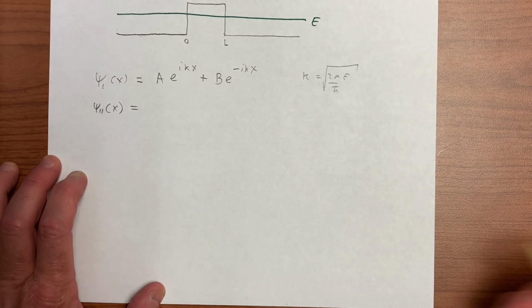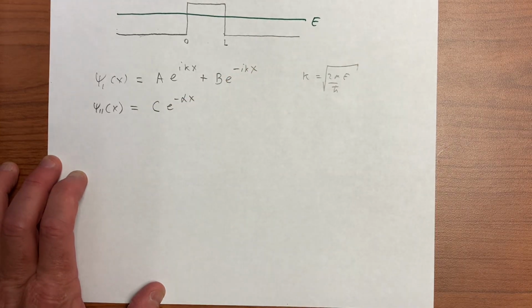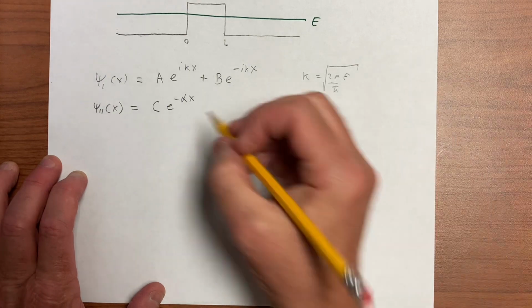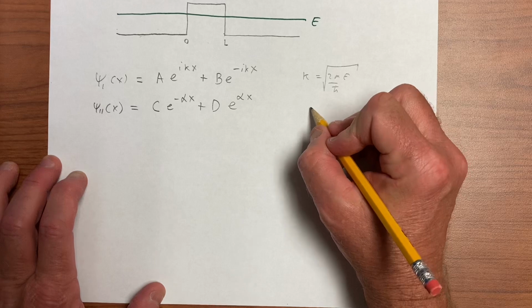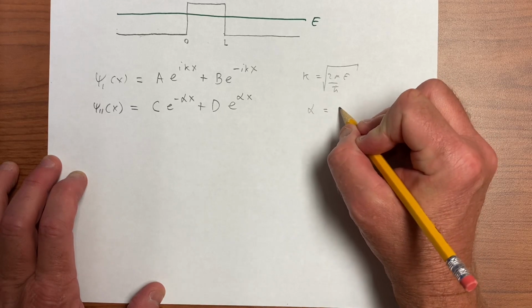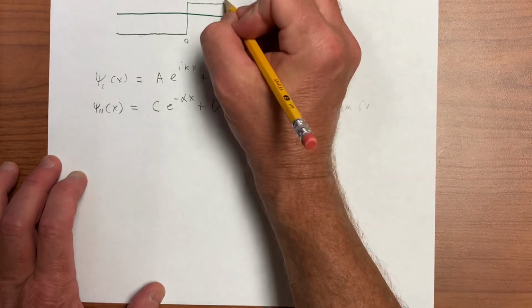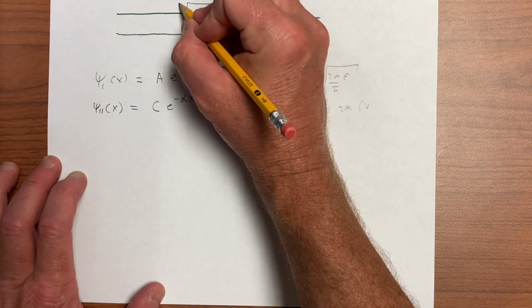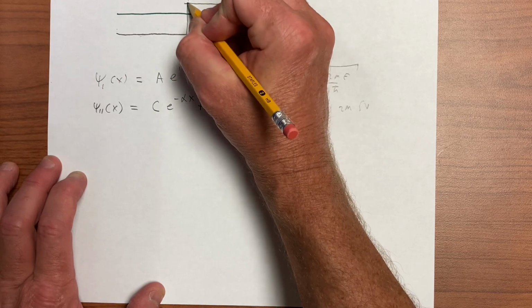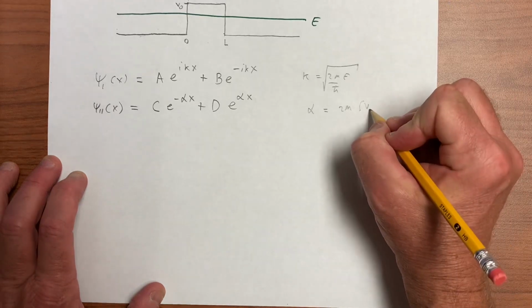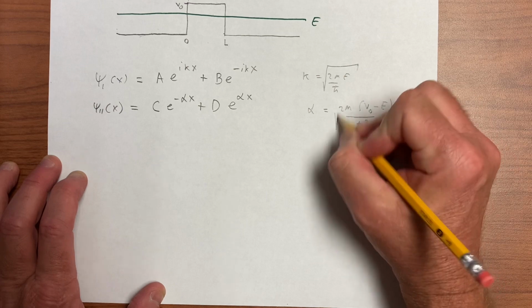In region 2, we have C e^(-αx), so that's a real coefficient, plus D e^(αx), where α is now sqrt(2m(V0 - E))/ħ, where this is V and this here is V0.